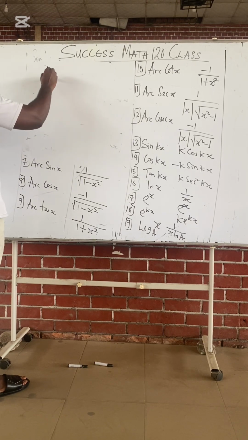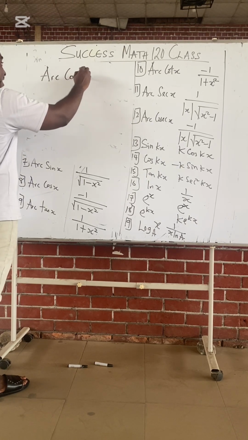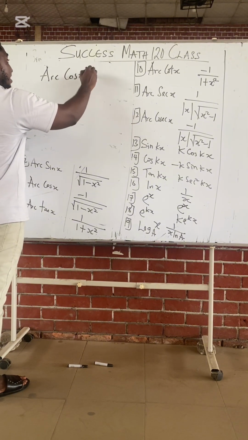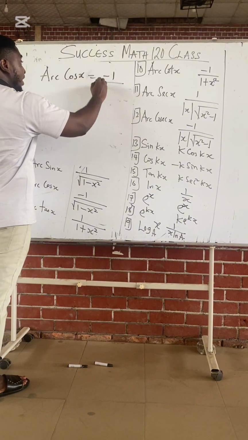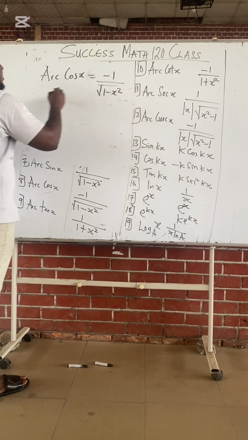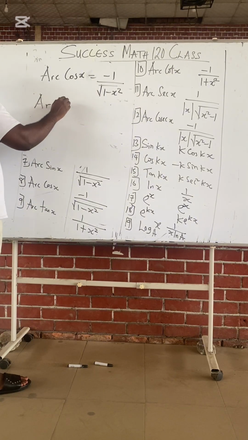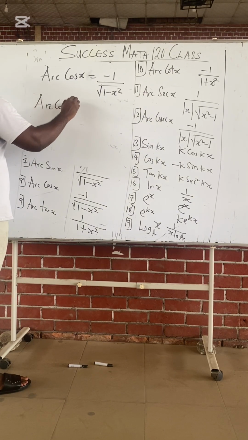Now, arc cos x is minus 1 all over the square root of 1 minus x squared. What will be the derivative of arc cos 4x?